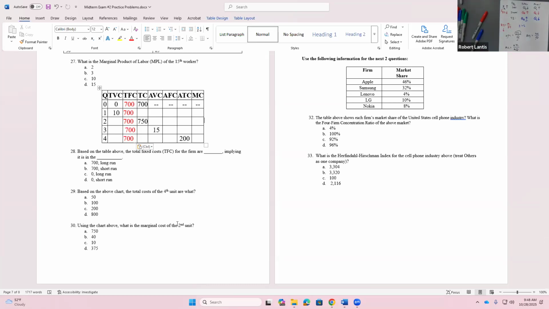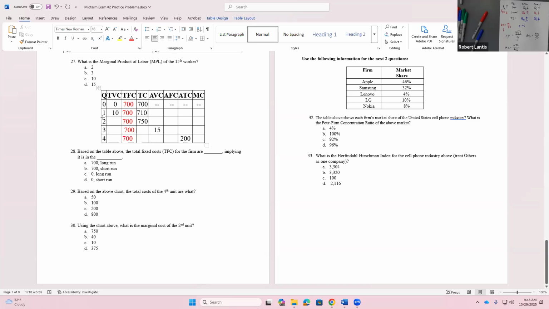If I look at the second unit, the change in my total cost would be my total cost at the second unit and how much it changed by. I would need to know the total cost of the first. How could I find the total cost of my first unit here? It would just be the sum of my fixed and variable. So what was the change in my total cost? 40.